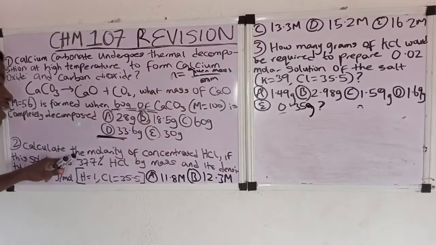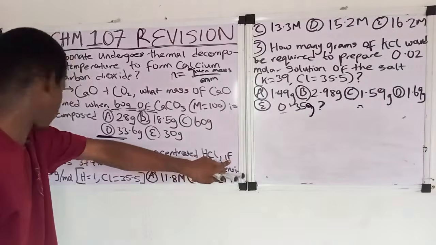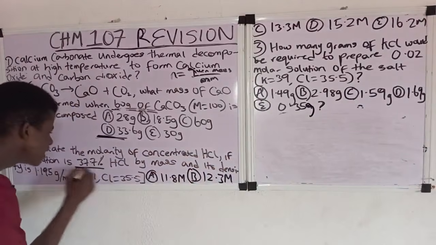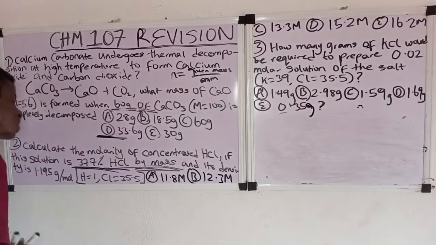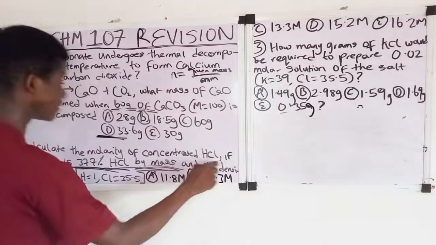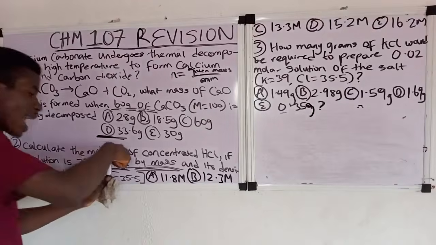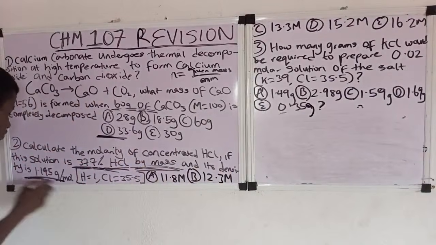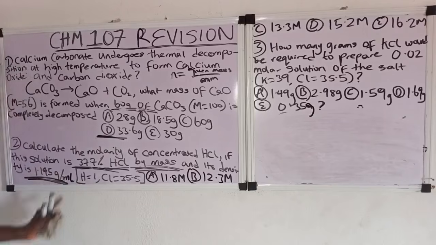Question 2. They said calculate the molarity of concentrated hydrochloric acid if this solution is 37.7% hydrochloric acid by mass and its density is 1.195 gram per milliliter.